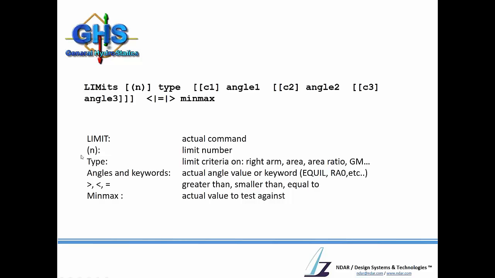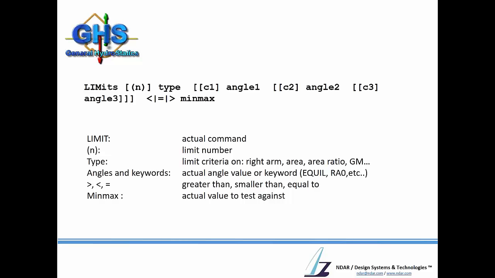Then the type: what type of limit criteria is it? Is it a limit on writing arm, a limit on area ratio, on GM? I will, of course, detail that as we work along. Then there are angles and keywords, which is the actual angle value. So we would have 0, 20 degrees, 30 degrees, or a keyword.